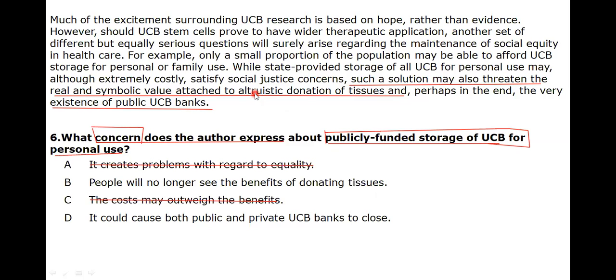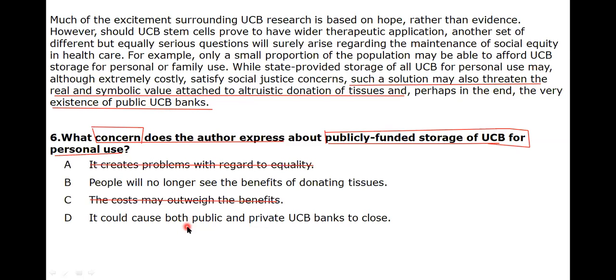So this is how you can rule out the cost option and the social justice concerns option. These two options can be ruled out easily. Now, D is also easy to rule out because it says existence of both public and private banks. Here it says existence of public UCB banks will be threatened.